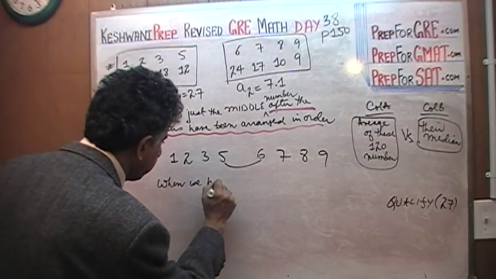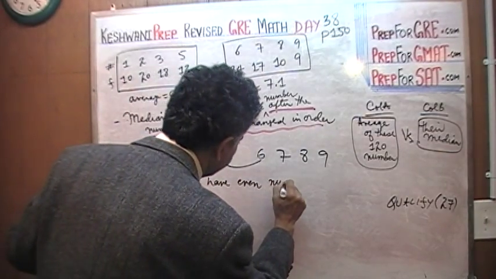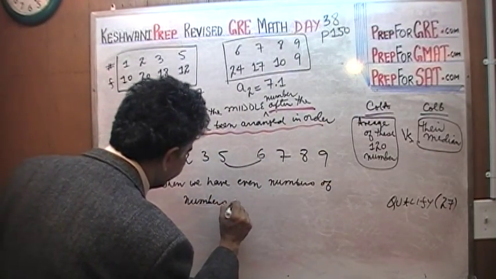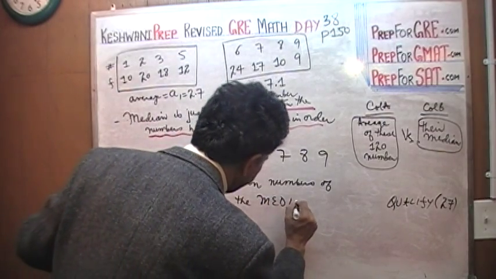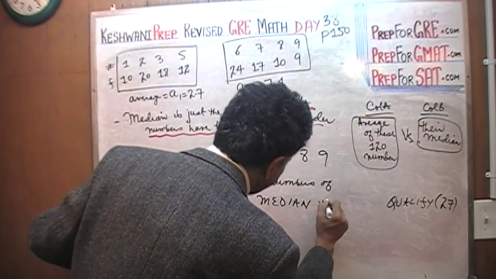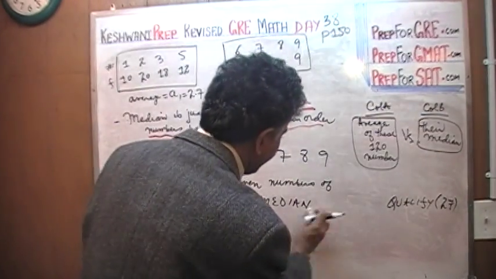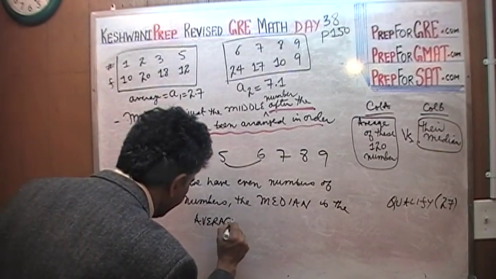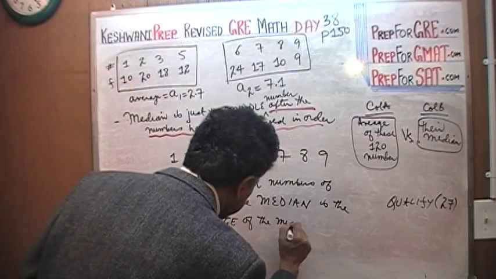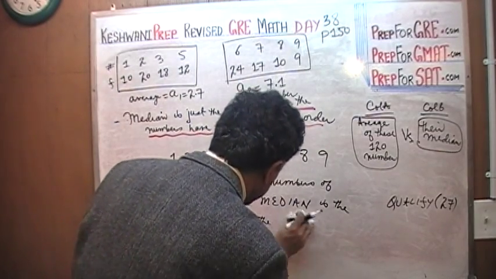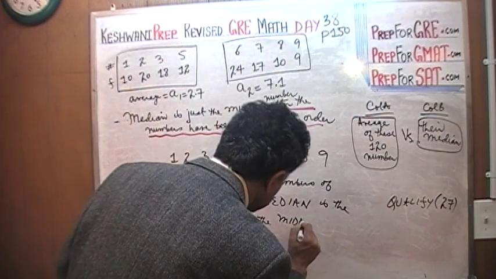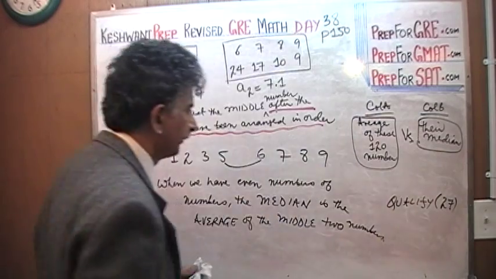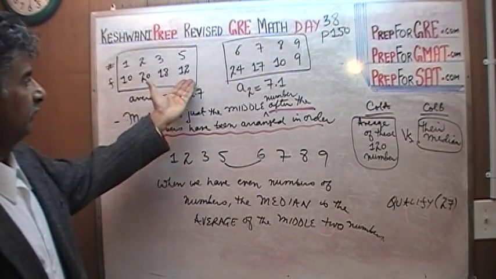When we have an even number of numbers, the median is the average of the middle two numbers.